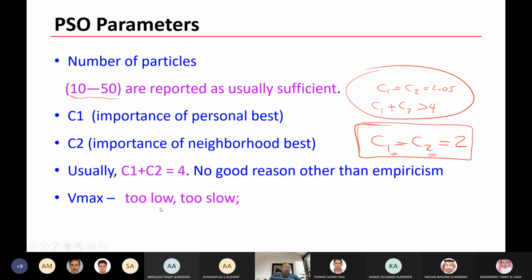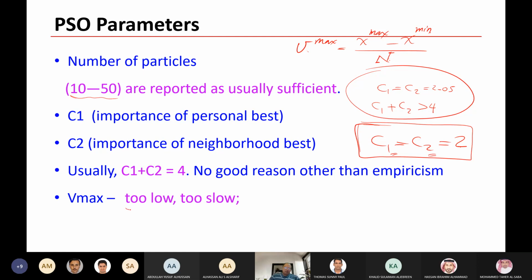Vmax, if too low, if you increase the number of intervals, as you know, the Vmax equal to parameter Xmax minus X minimum, optimize the parameter over a number of intervals. So it is governed by number of intervals.